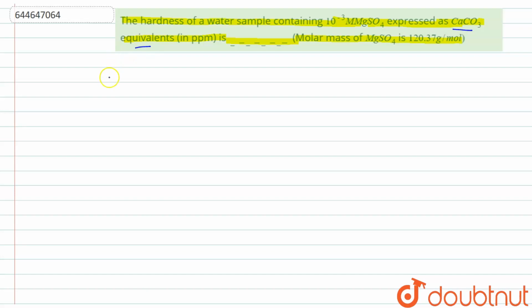equivalents. Now, if we assume the volume of water that is per liter, which is 1000 ml per liter of water, in this case we will assume the volume that is per liter is 1000 ml.